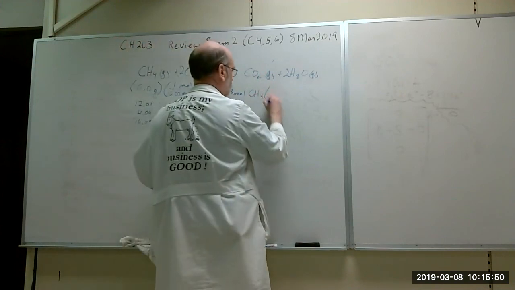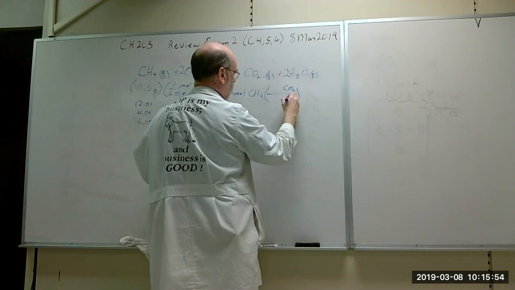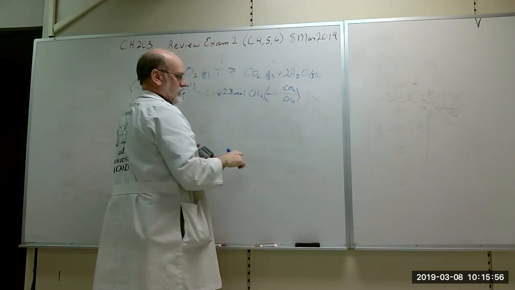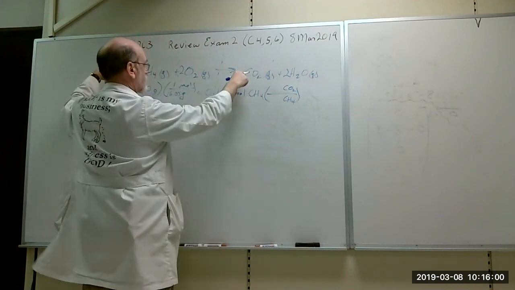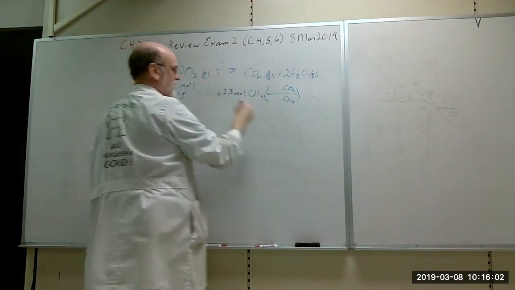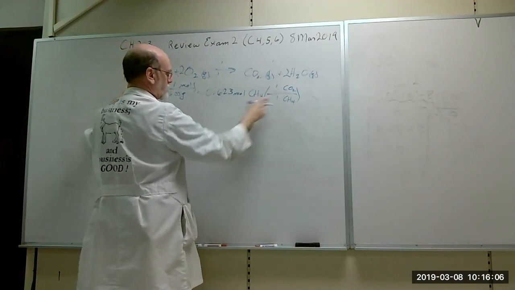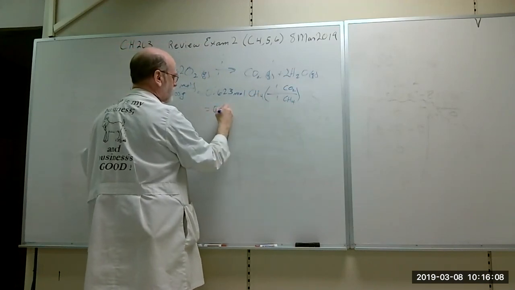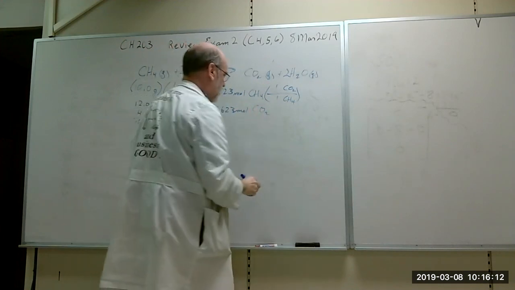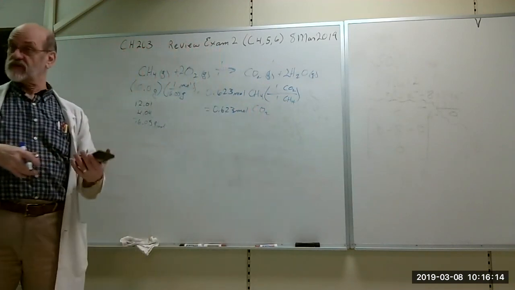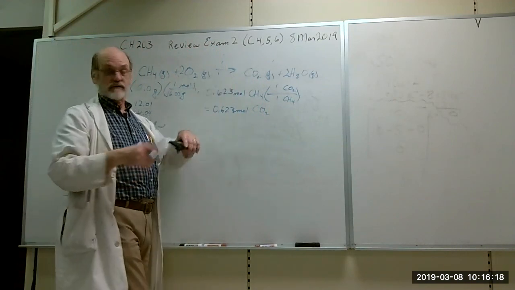So now we need a conversion factor that will take us to CO2 from methane. You construct that conversion factor from the coefficients. Turns out it's 1 to 1. One of these for one of those. So we have 0.623 moles of CO2. Now we can convert back to mass. We just need the molar mass of carbon dioxide.